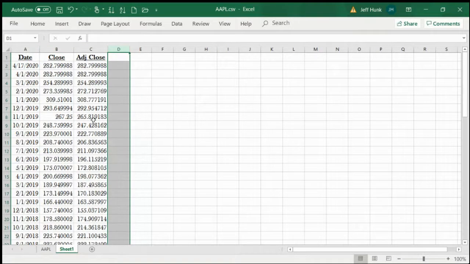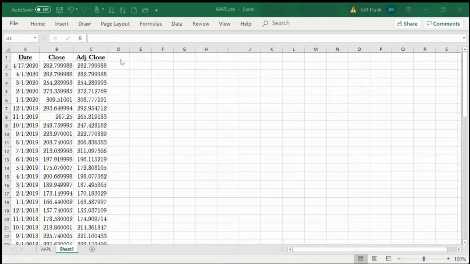And then I was just about to explain what close and adjusted close are. If you go back to Yahoo Finance, there is an explanation about adjusted close.